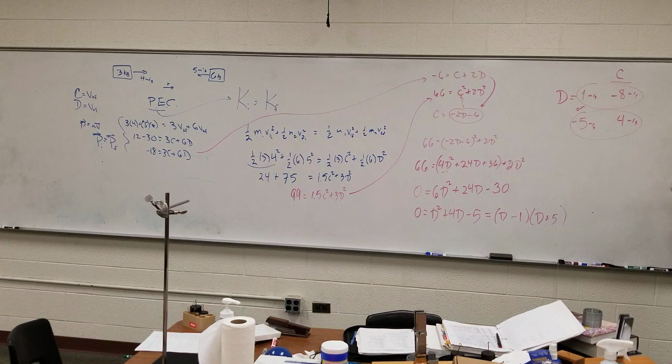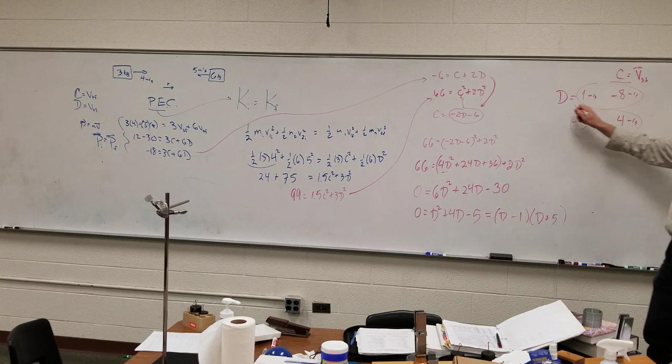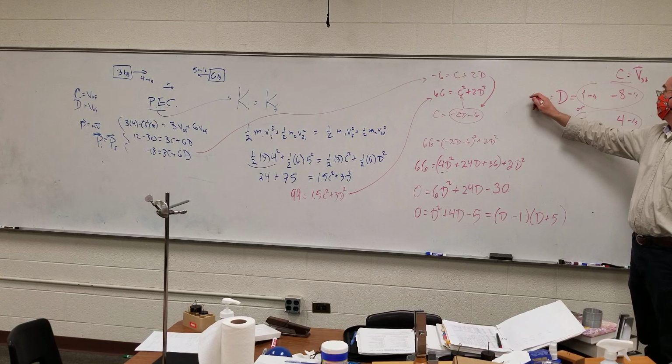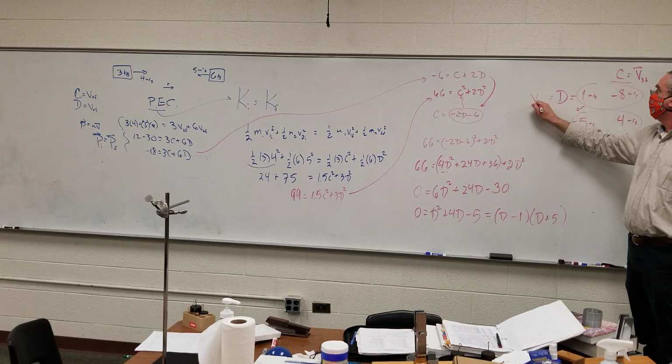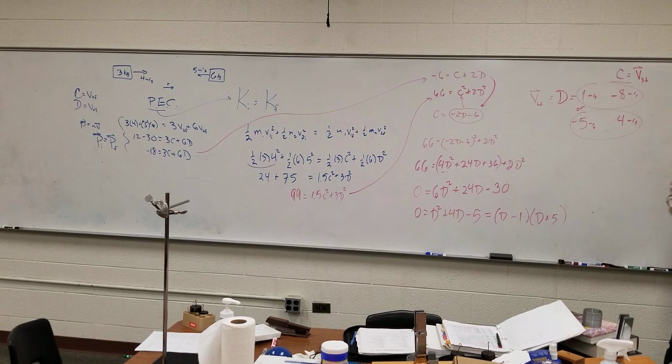So it should be the top one. Why is it not the other one? Well, you said that they could go in the same direction, but assuming they bounced off of each other, then the 3 kilogram mass would be going this way, and we established that the positive direction was to the right. Correct. So we know that that one's true.